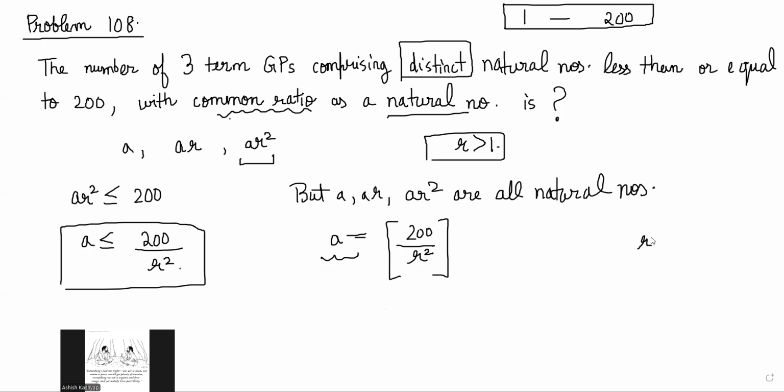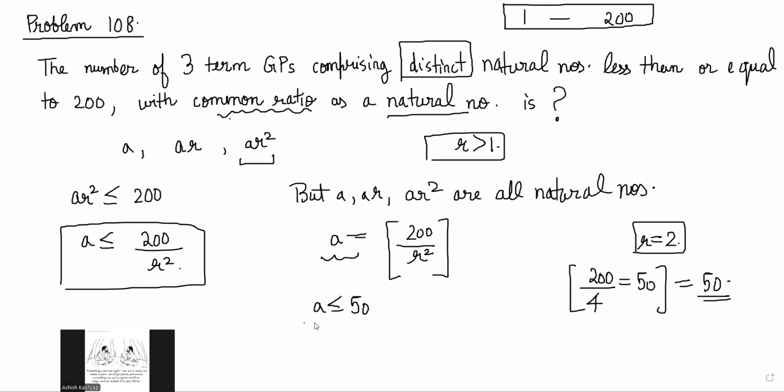For example, if R is equal to 2, we can say that 200 by R square, which will be 200 by 4, which will be 50. GIF of 50 is equal to 50. So basically A could be 50, right? Because you will get 50, 100 and 200, right? And A is less than or equal to 50 you are getting, right?